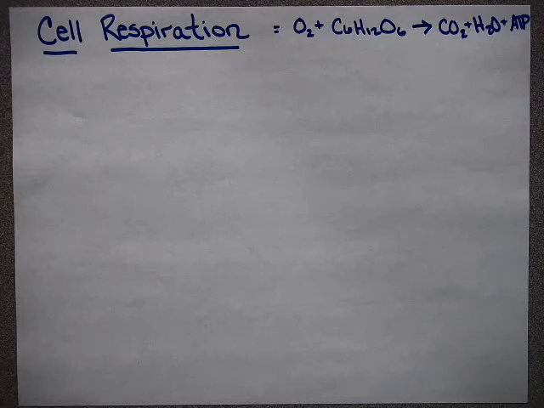Because some of the highlights from yesterday, if you understand, and I'll review it now, is that what we really want from our food molecule or our glucose molecule is the H's. Because it's the H's that we're going to use in the end to make kinetic energy, to make ATP.